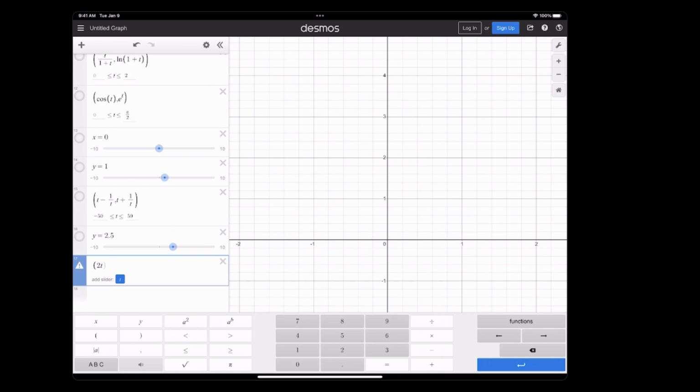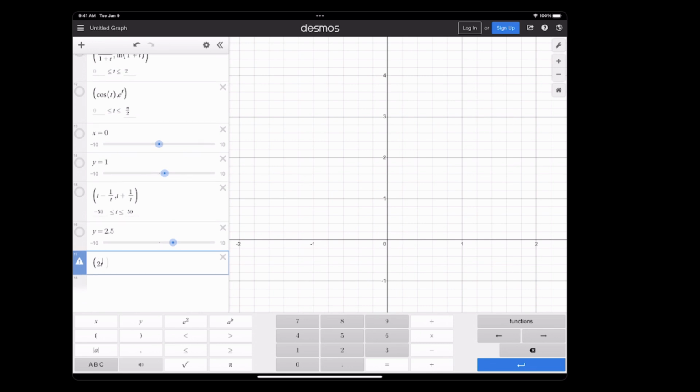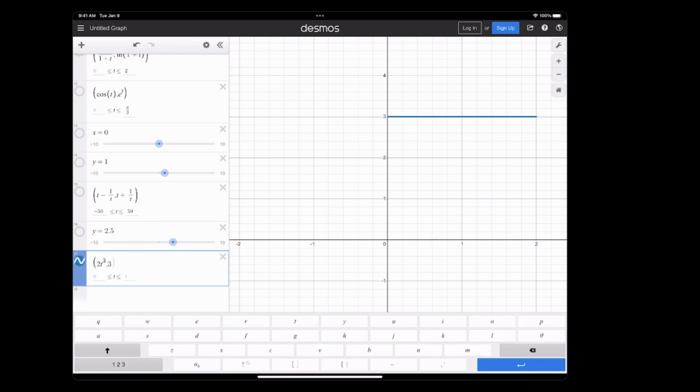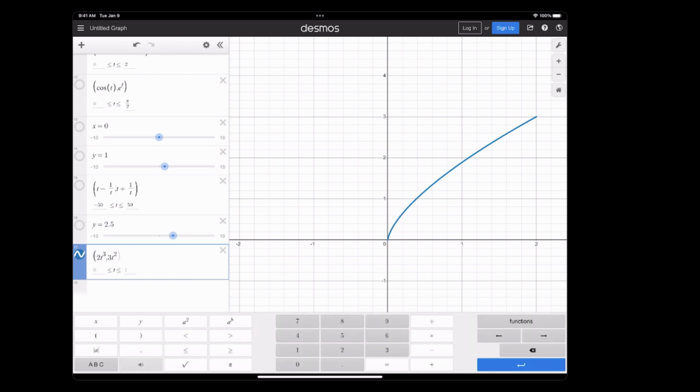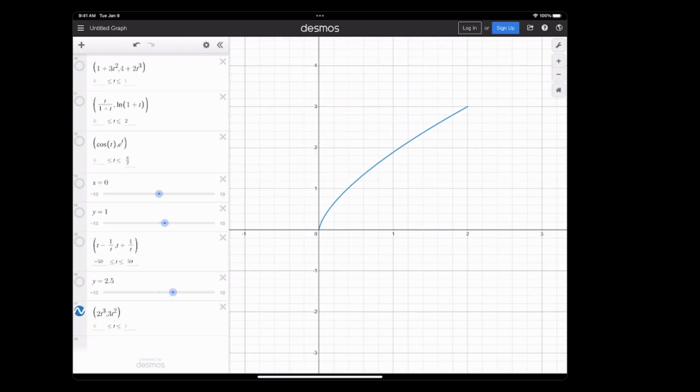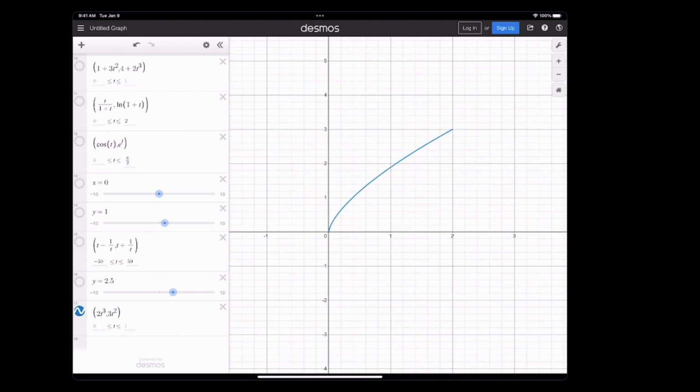Y is 3t squared. And t is between 0 and 1, right? So we're taking that curve and you're rotating it about the x-axis.